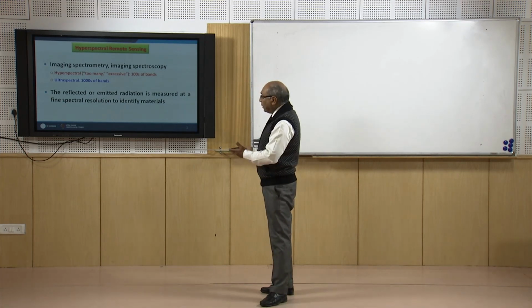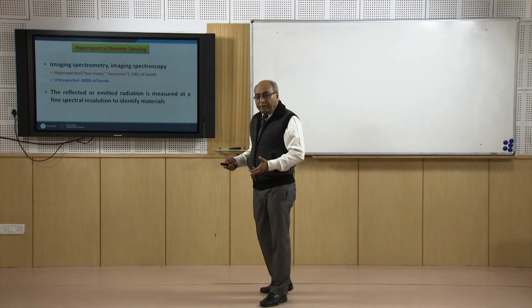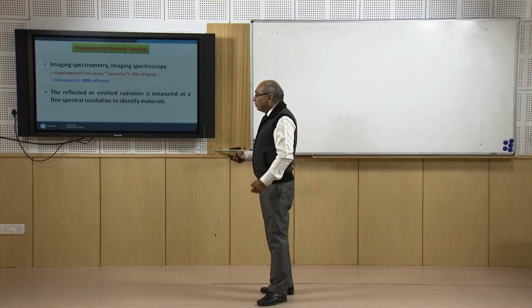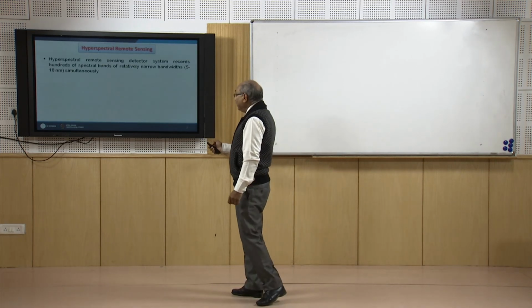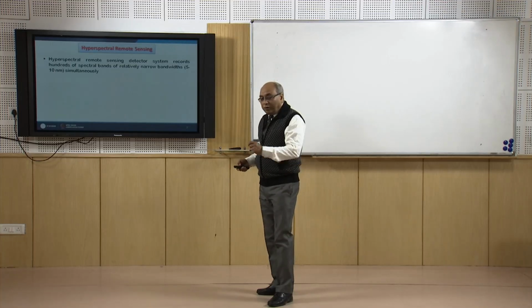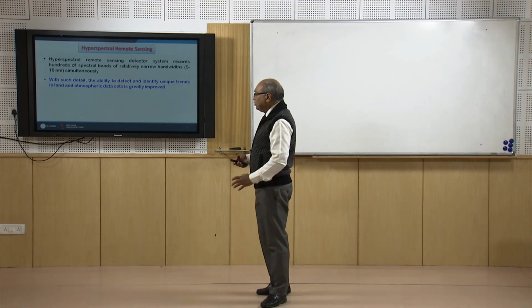So basically there are two purposes: to identify different materials present on the earth, and to create a spectral library for future use. In hyperspectral remote sensing, the detector records hundreds of spectral bands of very narrow bandwidth, maybe 5 to 10 nanometers, simultaneously. All this huge data is collected.